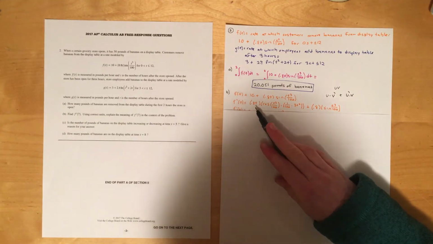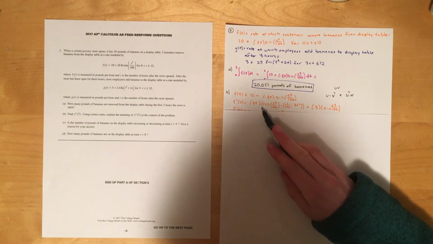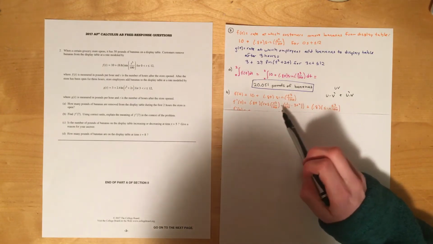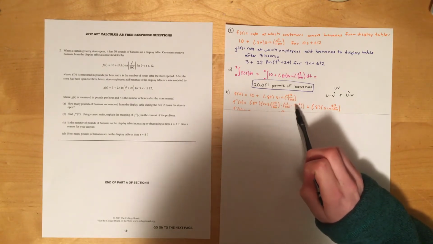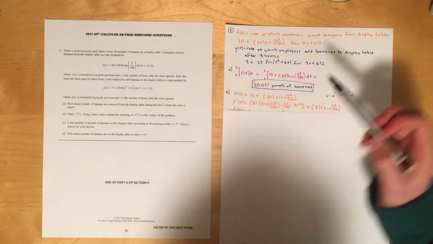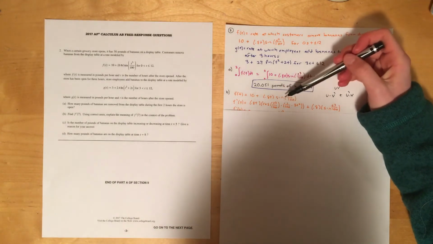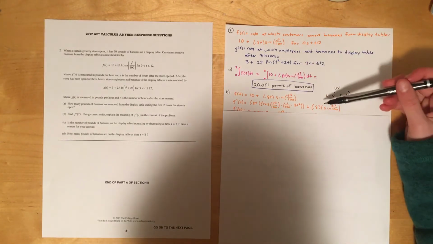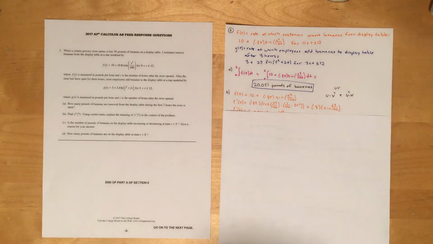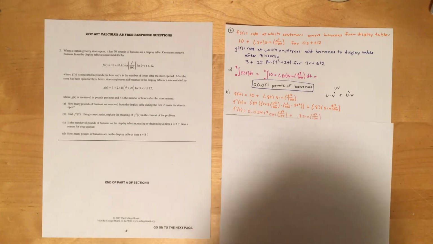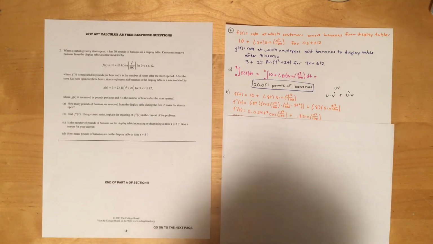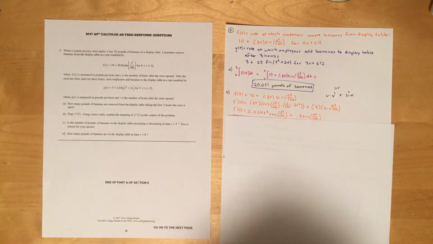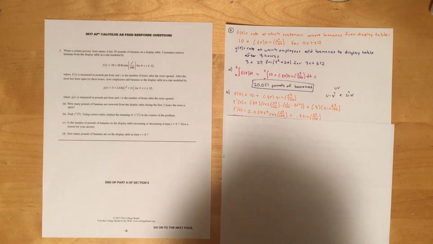I did 0.8t times cosine of t cubed over 100 times 1 over 100 times 3t squared, which is the derivative of this, using the chain rule. And then I just added 0.8, which is the derivative of that, times sine of t cubed over 100. And I simplified that down to 0.024 t cubed cosine of t cubed over 100 plus 0.8 sine of t cubed over 100. And then I simply just plugged in 7.